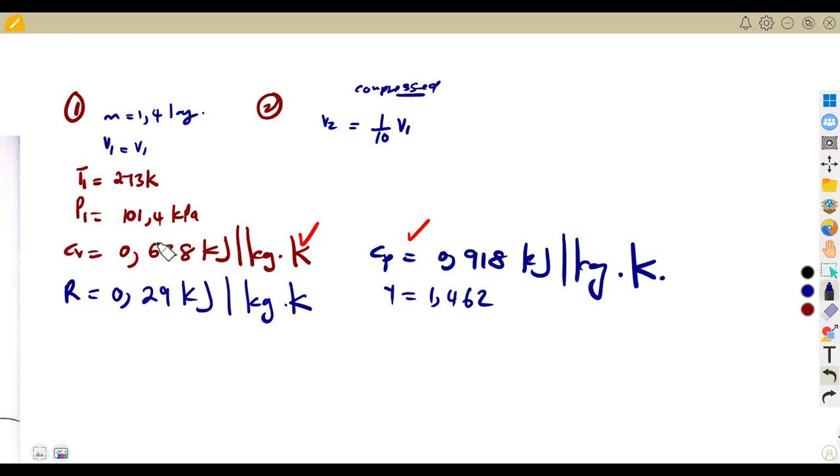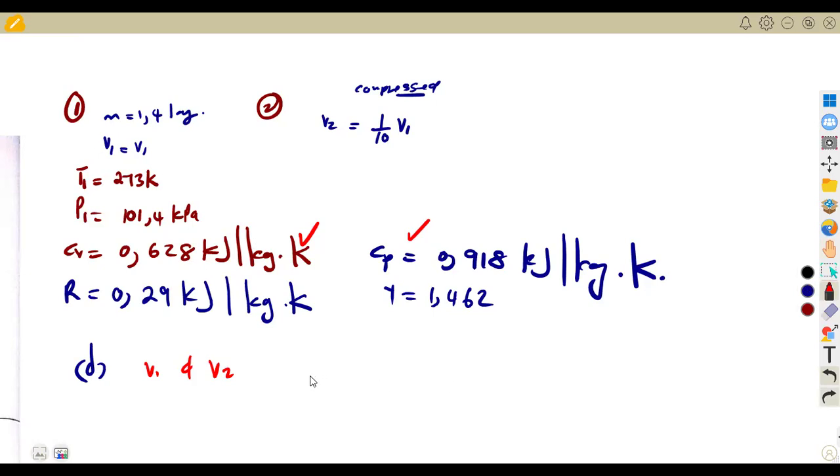They just worked at STP to calculate R. So to calculate V1 and V2, we are back to the simplification that we are used to. We do not even have P2 or T2 here, so it's going to be complicated.